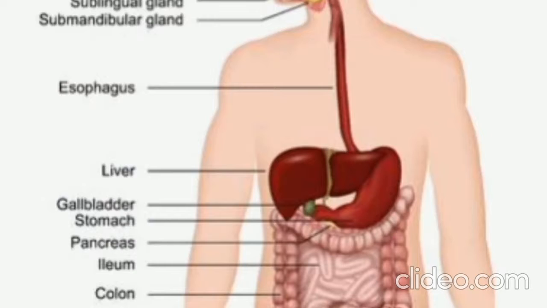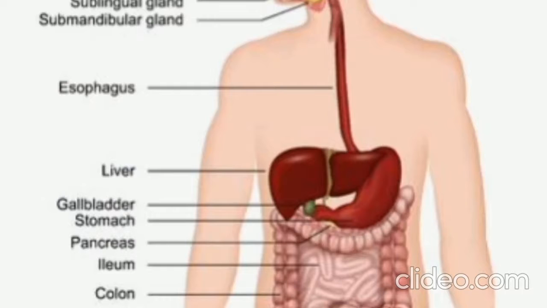First, we have to understand that whatever food we take, we take in through the mouth. When it is taken in through the mouth, inside the mouth we have the salivary glands, and there are three of them.